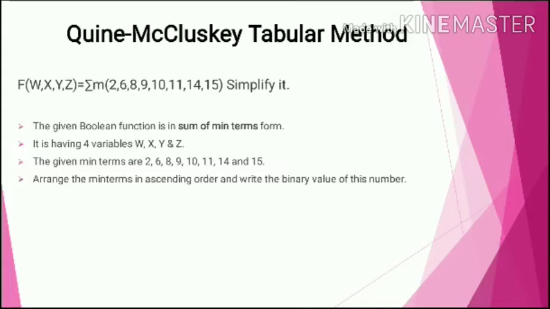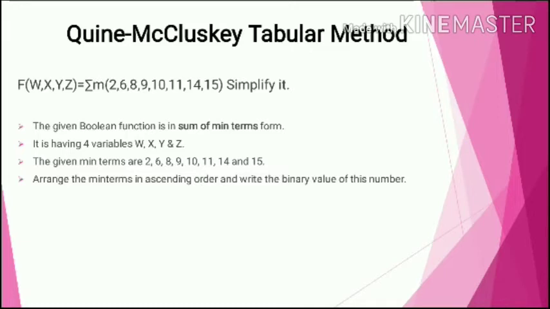The Boolean function f is equal to sigma 2, 6, 8, 9, 10, 11, 14, 15. The given Boolean function is in sum of minterms form; sigma represents sum of products.